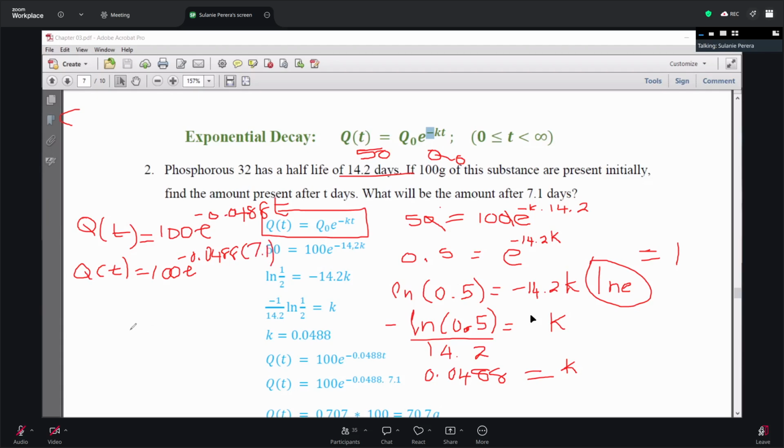Now find the answer. Multiply 0.0488 by 7.1 and find the answer. 70.7 grams.